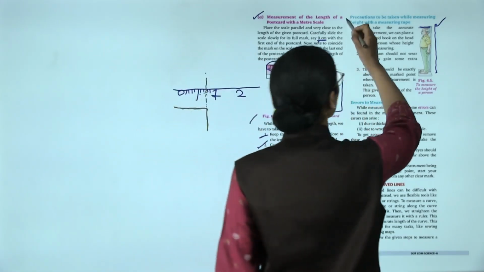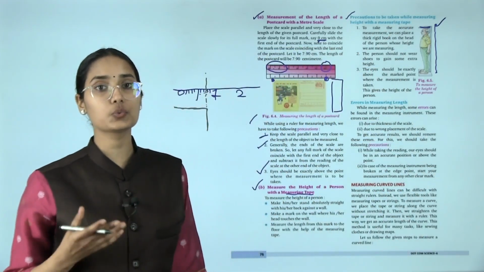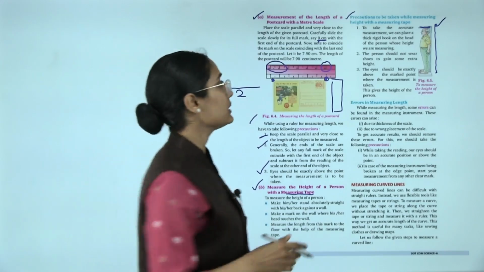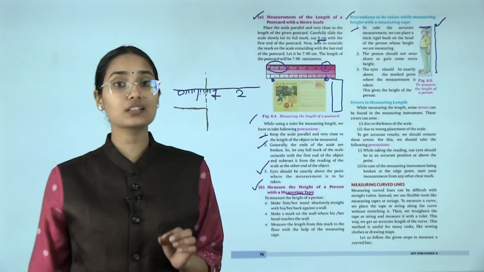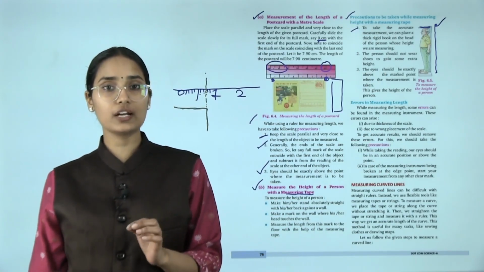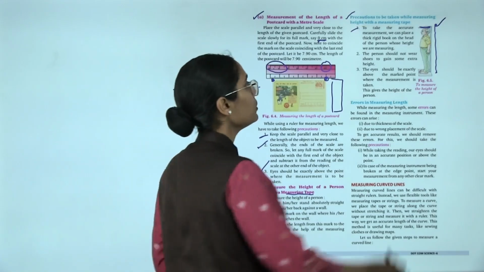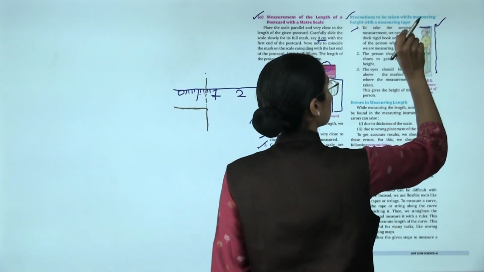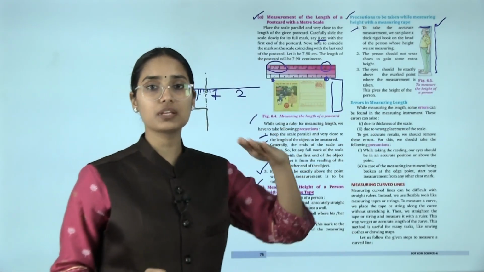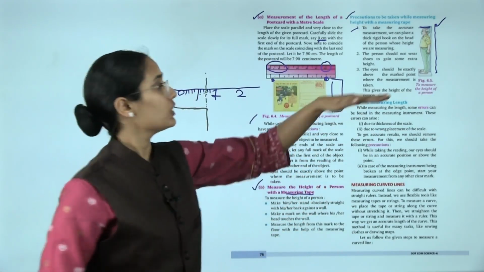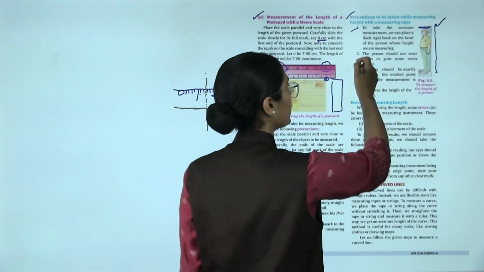So what are the precautions one should take while measuring the length using the measuring tape? Firstly, to take an accurate measurement, we can place a thick rigid book on the head of the person whose height we are measuring, okay. So rather than just marking the point on the wall, we can use the rigid book or something very straight like cardboard, so that this gives the exact point, okay.